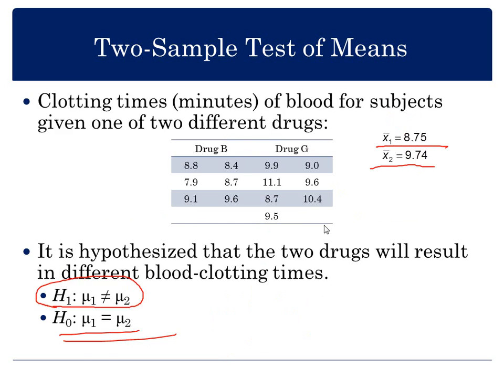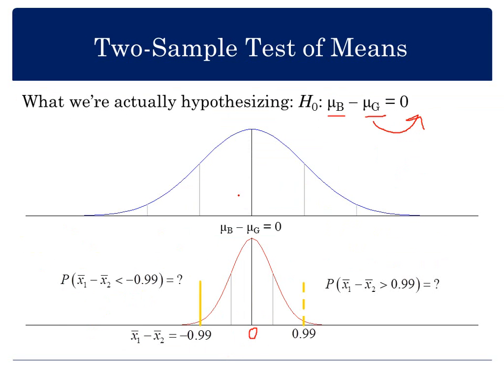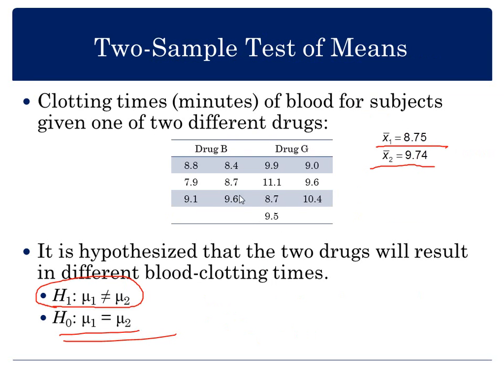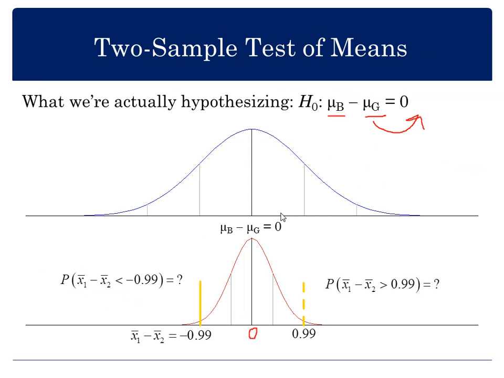For samples of size 6 and 7, the variability, the reliability of my sample x bar, which is the difference between the two sample means, is reflected in the standard error of the sampling distribution, which is S over the square root of n, S being the standard deviation of my data.